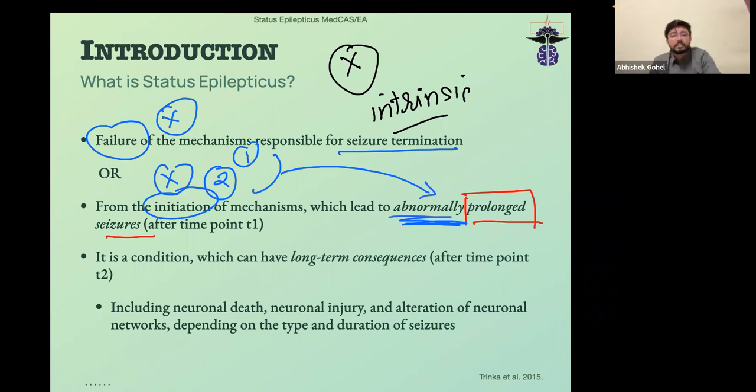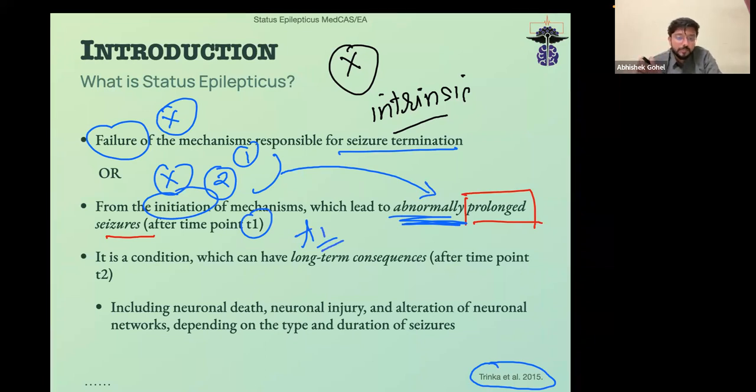So at this time, we have Eugene Trinka, who gave us this wonderful definition of time when it comes to status epilepticus. In that, there is time T1. What does time T1 mean?